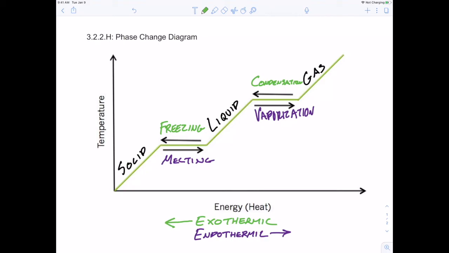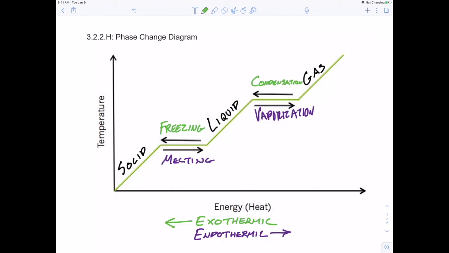Now, here's the thing that we need to identify, and it's an important property of phase changes. As you can see, you can change the temperature of a solid, a liquid, and a gas, but you will notice that there are these flat lines on here. During the phase changes, even though we're adding energy, the temperature doesn't change.